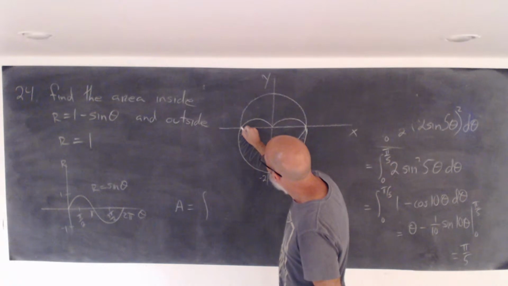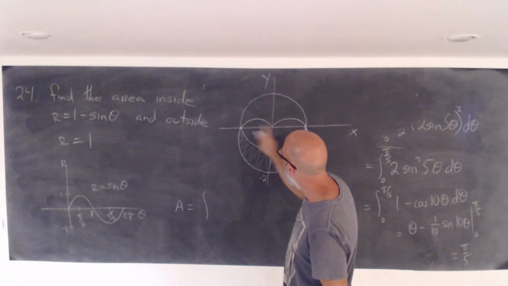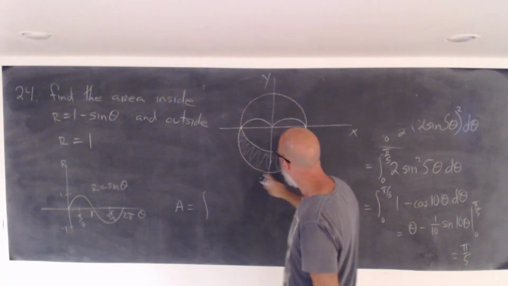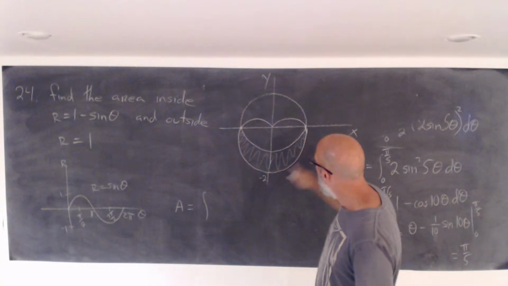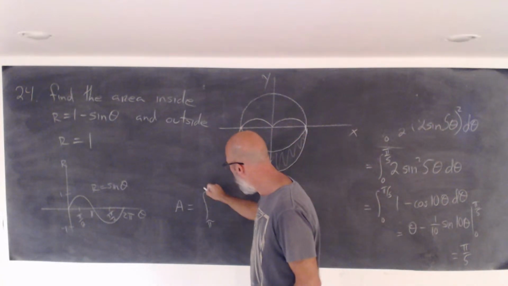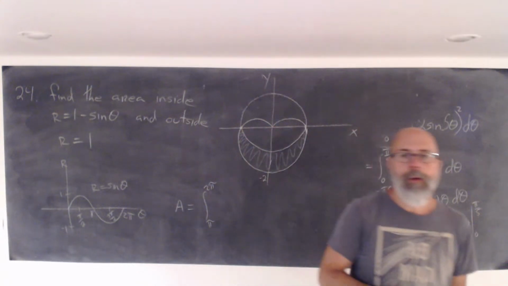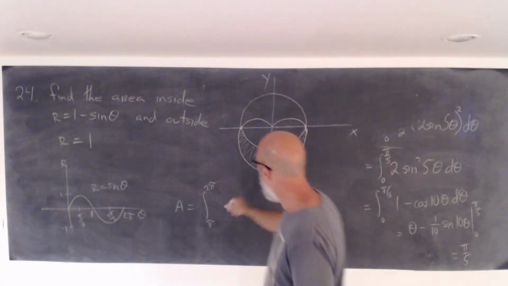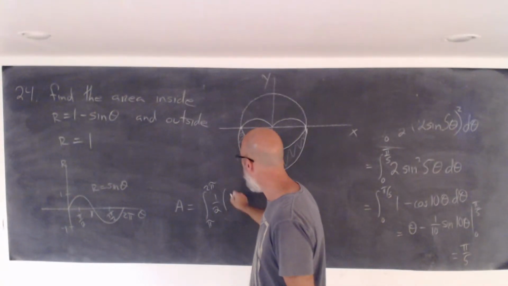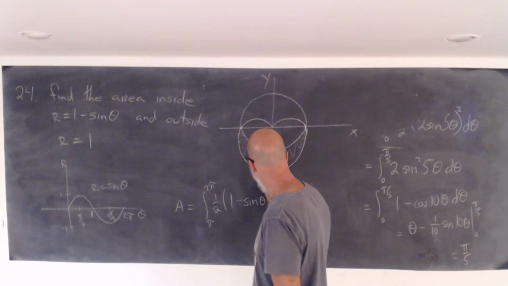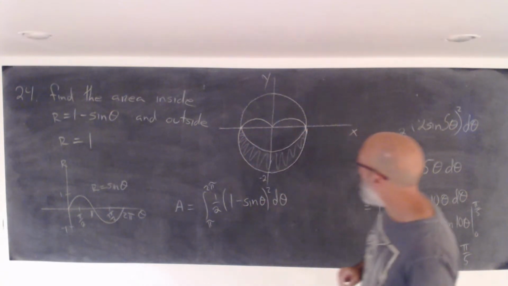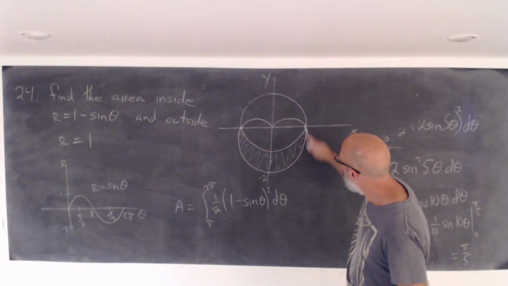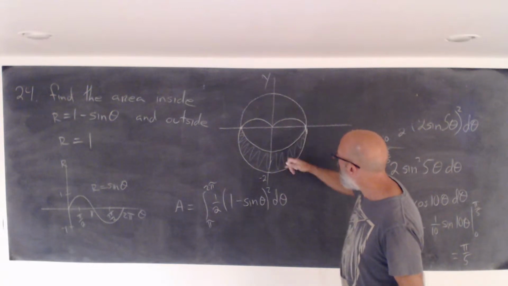Well, this corresponded to pi. So this part of the cardioid here is from pi to 2 pi. So 1/2 of your function squared, that would give you the whole region below the x-axis, right?